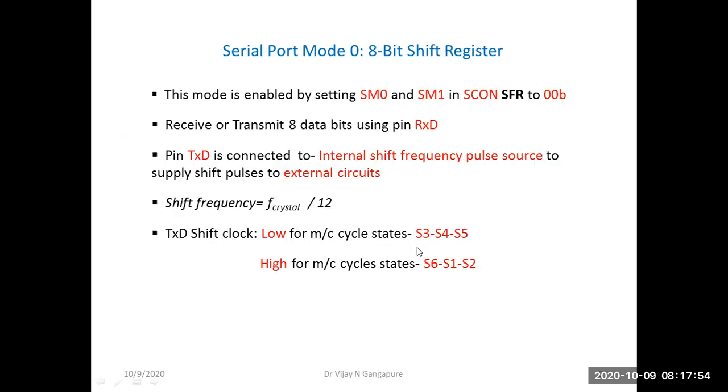So S1 to S6, six states are there in 12 clocks, and each state consists of two clock cycles. So this TXD shift clock frequency, which is being generated on TXD, will be low for machine cycle states S3, S4, S5, and it will be high for machine cycle states S6, S1, S2. So this we can explain diagrammatically so that you will understand.